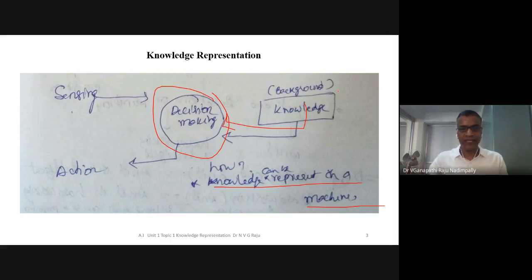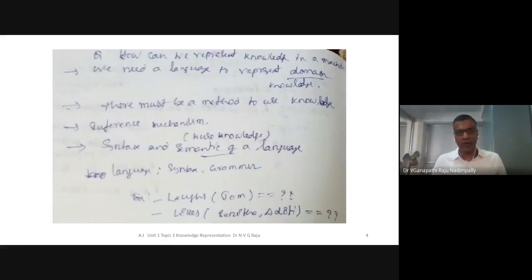Now, let me ask some questions. How can we represent knowledge in a machine? In the previous slide, I told you how the knowledge will be represented. In order to represent knowledge, do you need a language? Hello? Yes, sir.